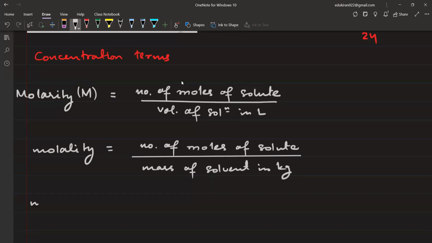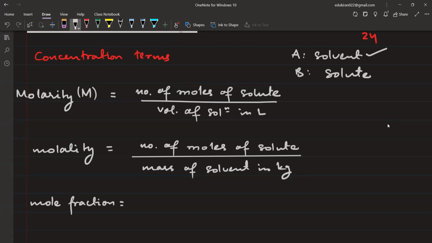Then we have mole fraction. We have two components. If I write A, that means it is solvent. If I write B, that means it is solute. In a solution, solvent is present in larger amount, and solute is present in smaller amount.